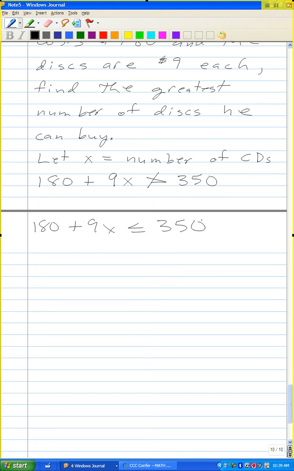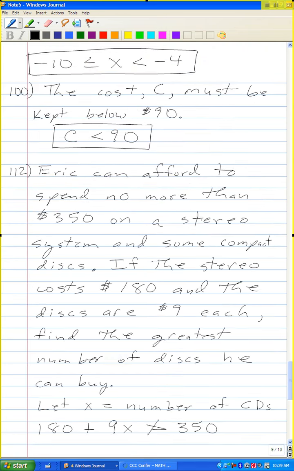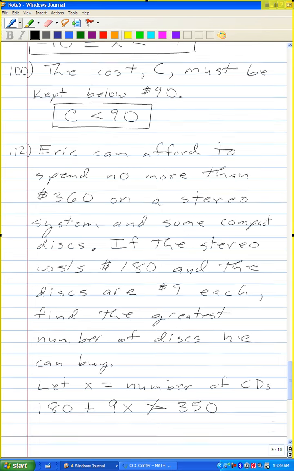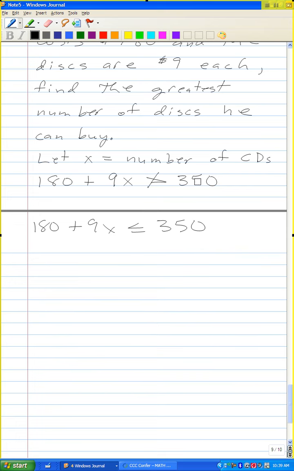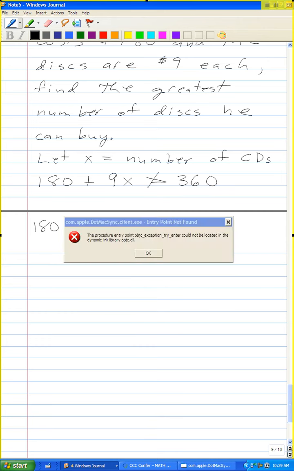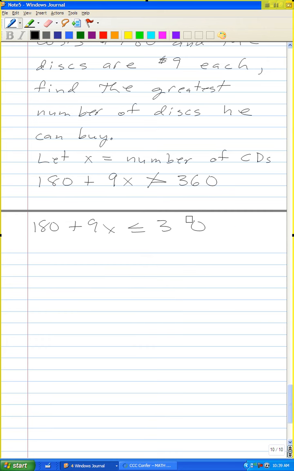So I'm going to rewrite that in the normal way as less than or equal to. Actually, let's make that $360. Yeah, whatever. Let's make that $360.